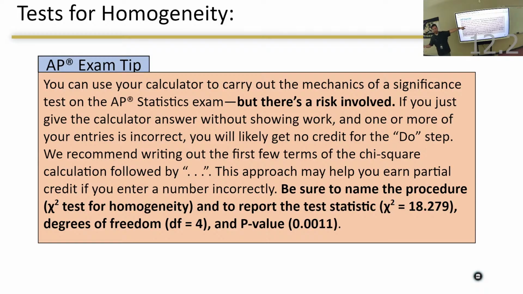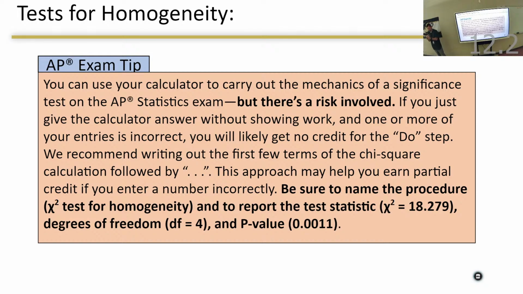There is a risk. We talked about this the other day, okay? If you just use the calculator information, guys, and you mess up and you put a number in wrong, we don't know how you got it wrong. Fair enough. So their recommendation is to write out the first observed minus expected squared over the expected plus... You don't have to write them all, but they recommend showing at least a couple of them, 1 or 2, okay?